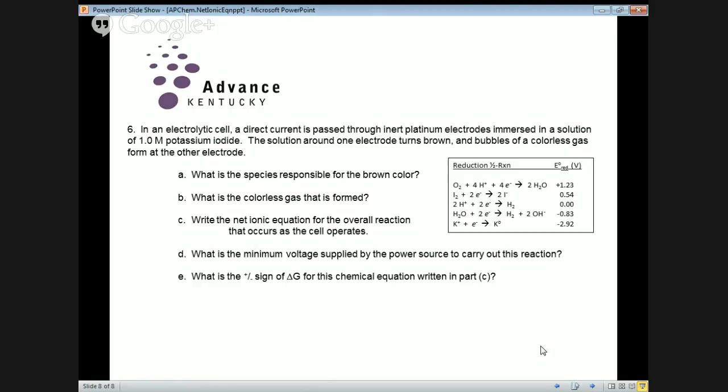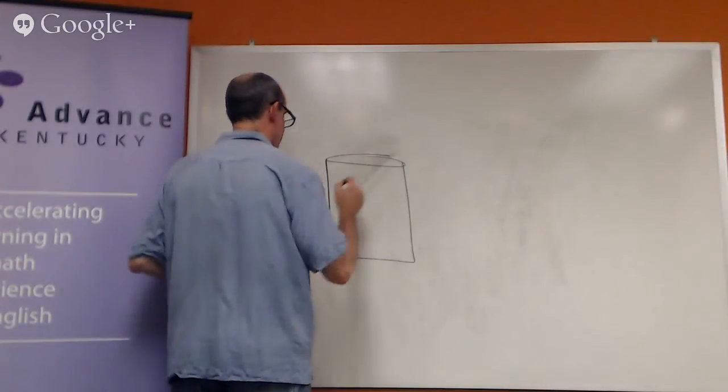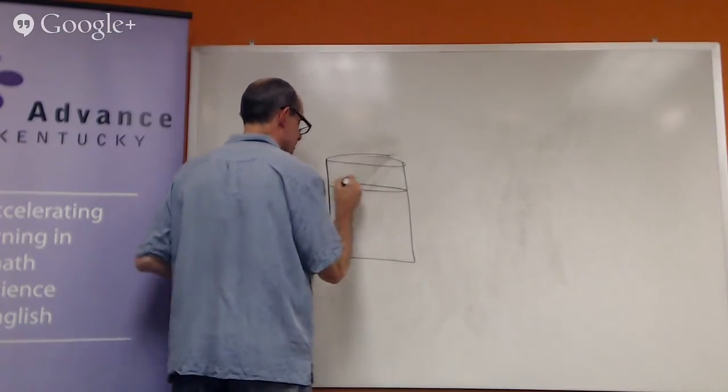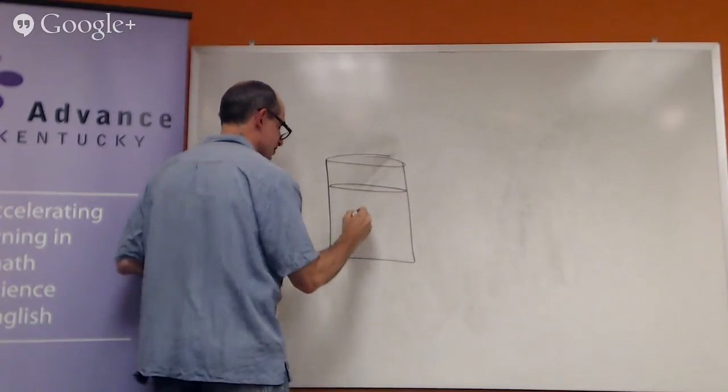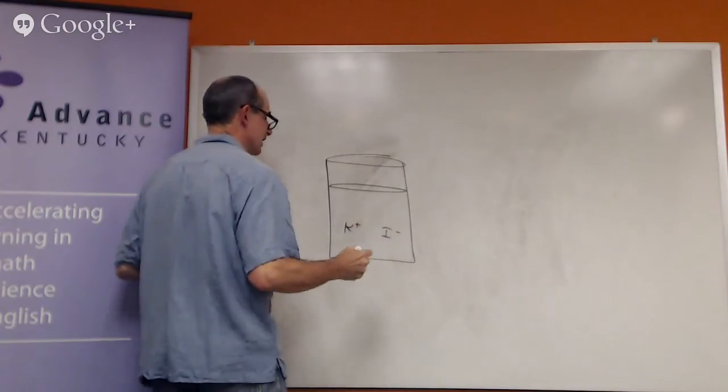And we find that the solution around one electrode turns brown and bubbles of a colorless gas form at the other electrode. So while we're switching back to the board here, let me sketch that out. We have a solution of potassium iodide, so that's going to contain potassium ions and iodide ions.